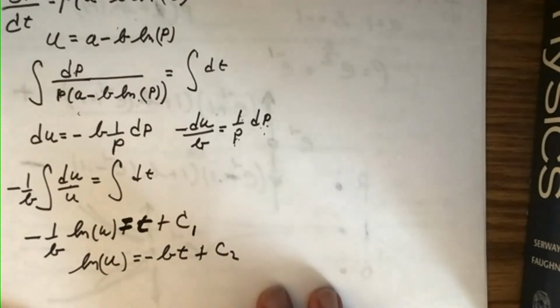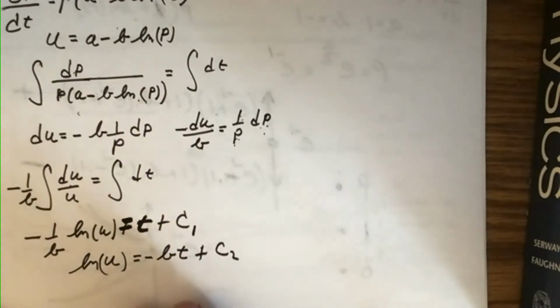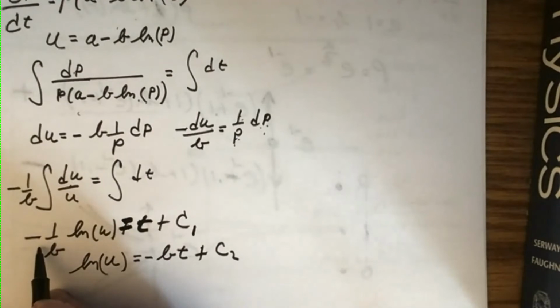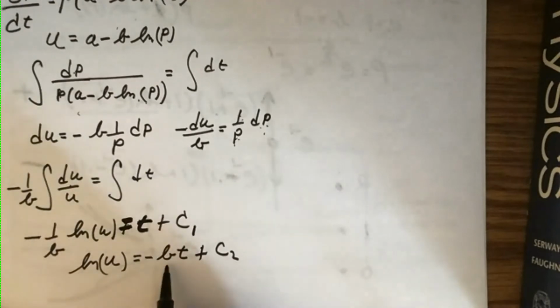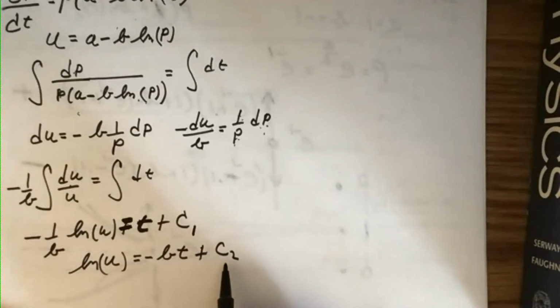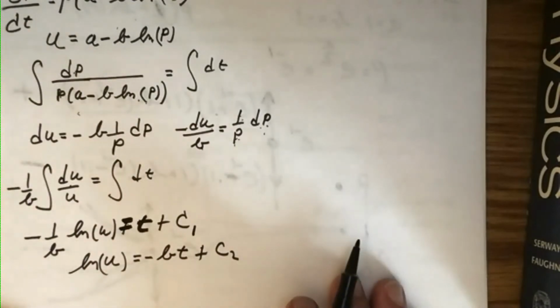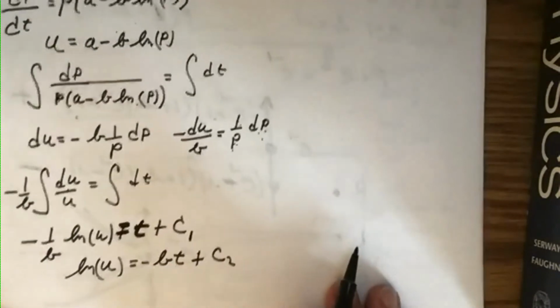I multiplied both sides of the equation by minus b. I could have made this a minus, it doesn't matter, but normally you're better off keeping it as a plus, rather than dealing with minus signs.